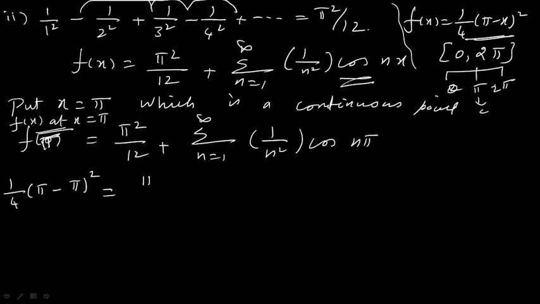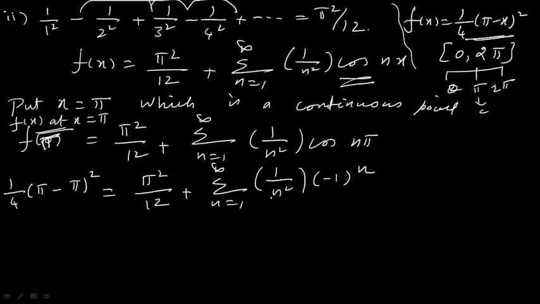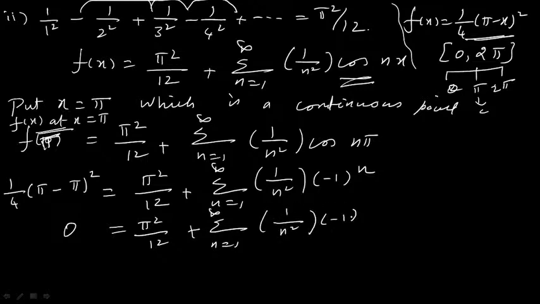On the right hand side you have pi square divided by 12 plus sigma n varies from 1 to infinity 1 divided by n square, cos n pi value is minus 1 whole power n. So here pi minus pi becomes 0, that is equal to pi square divided by 12 plus sigma n varies from 1 to infinity 1 divided by n square minus 1 whole power n.